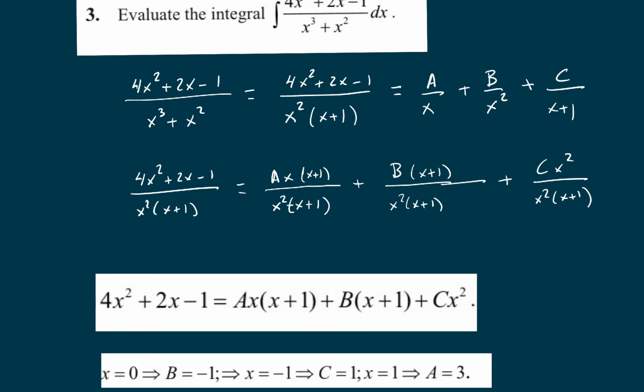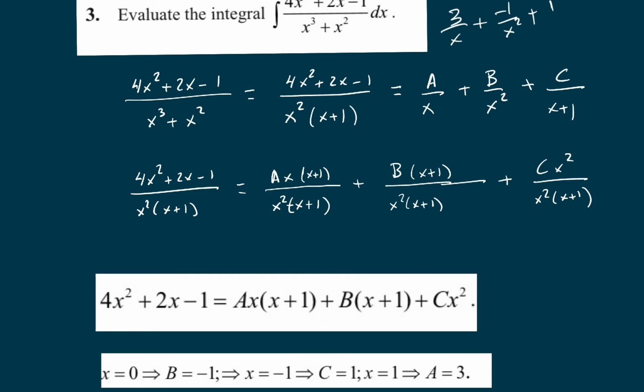Now, instead of solving this integral, I will solve this integral with a equal 3. So the integral that I will solve will be 3 divided by x plus v. V is minus 1, so minus 1 divided by x squared, plus c.